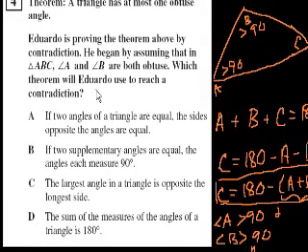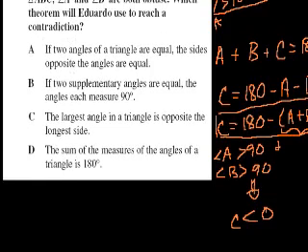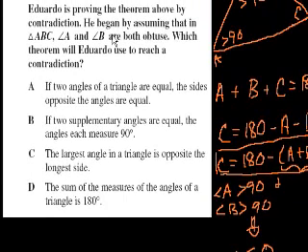Then you would say, therefore you cannot have two angles that are more than 90 degrees, or two angles that are obtuse. And that would be your proof by contradiction. But let's see if what we did can be phrased in one of these choices. If two angles of a triangle are equal, the sides opposite the angles are equal.